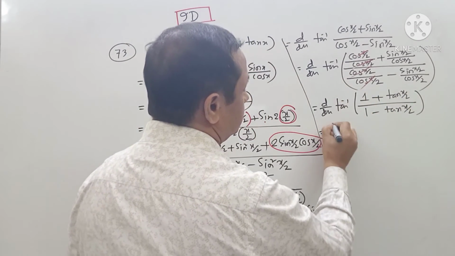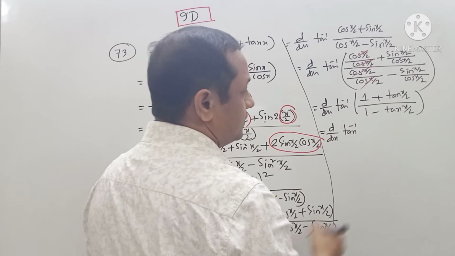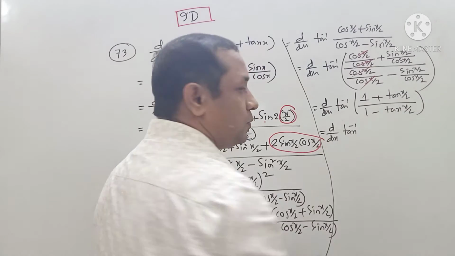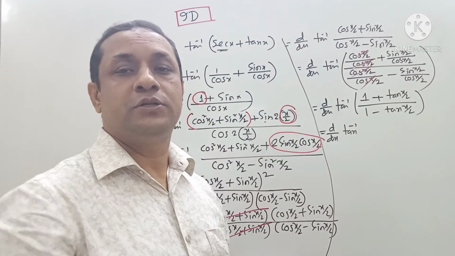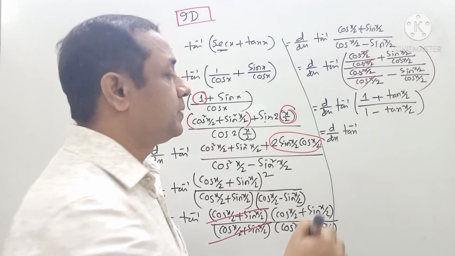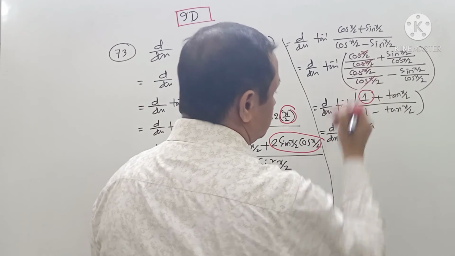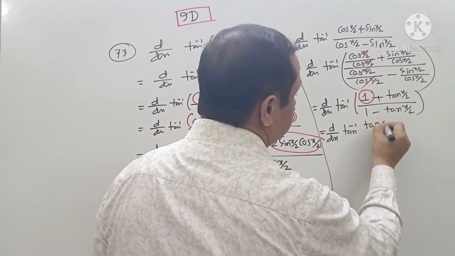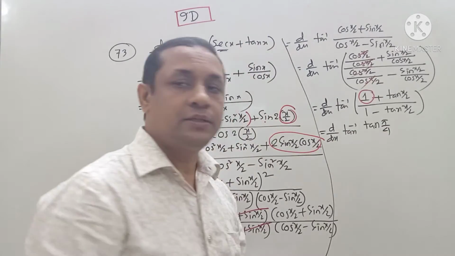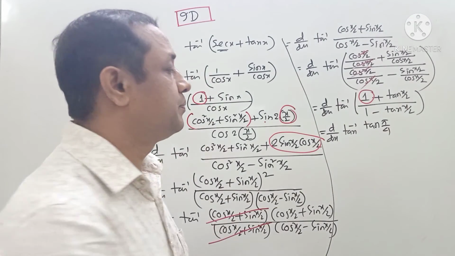So student, next line d/dx of tan inverse. We know that 1 equals tan pi by 4.